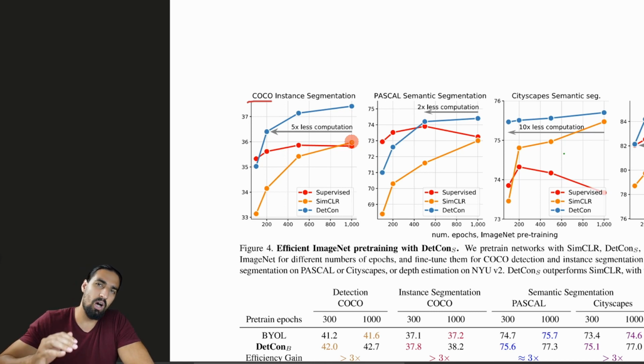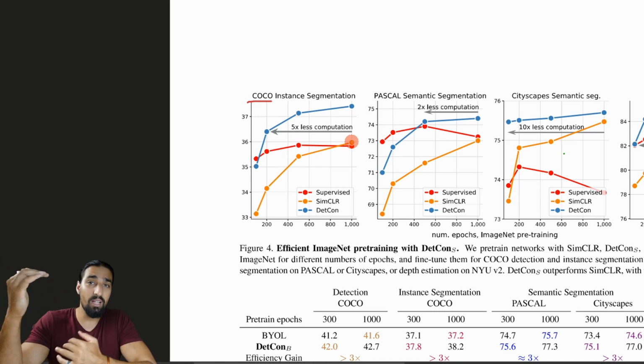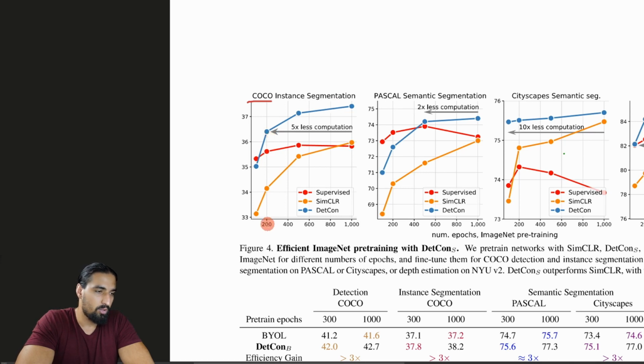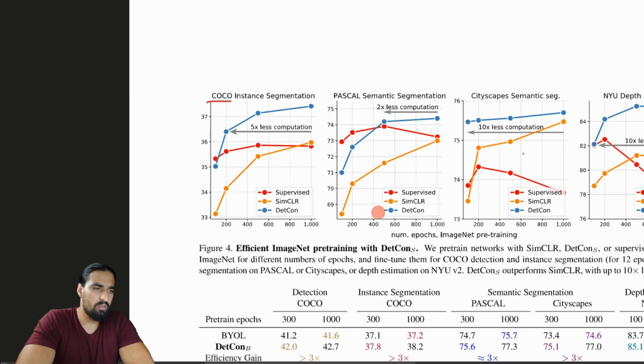And that's something we saw in the beginning of this paper. So given enough compute, that's a trade-off. You're gonna eventually get there, but you need a bunch of compute, right? Whereas focusing on DetCon, after only 200 epochs, you're already better compared to these 2 paradigms, and you have better performance. The same thing applies pretty much for all of the other tasks.